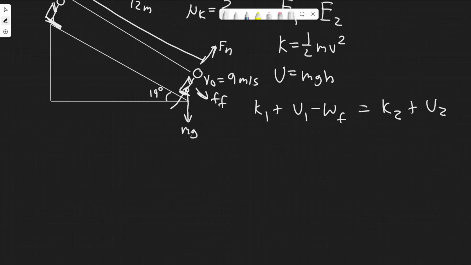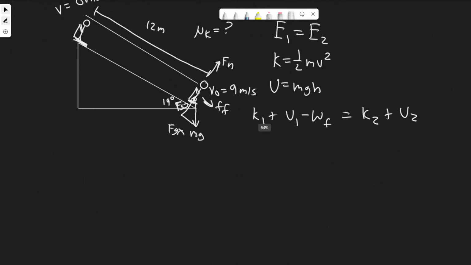This mg is going to have two components. Fg of y, which is in the y direction. We consider y to be perpendicular to the plane, and x is parallel to the plane. So just keep that in mind when I refer to that. And then Fg of x would be right here, parallel to the plane, so in the x-axis. Those are the forces acting on our person.